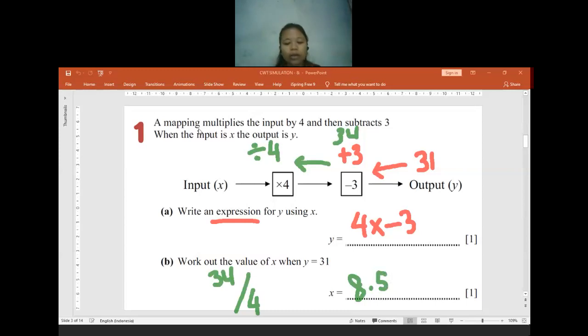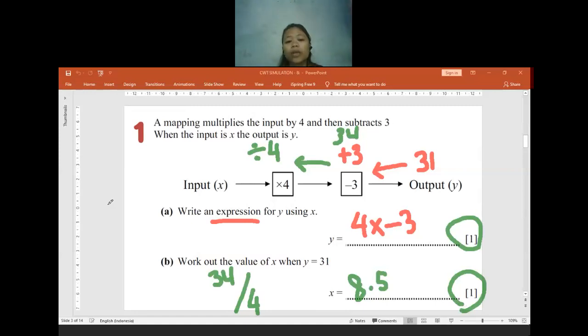Later you can clarify if you think your mark is lower than what you expect, and you can show me the part that I miscounted, and I can rectify your mark. If you answer 4x minus 3, it will be marked 1. If you answer 8.5, it will be marked 1. If you show the steps and later have a wrong calculation, I'll give you 0.5.